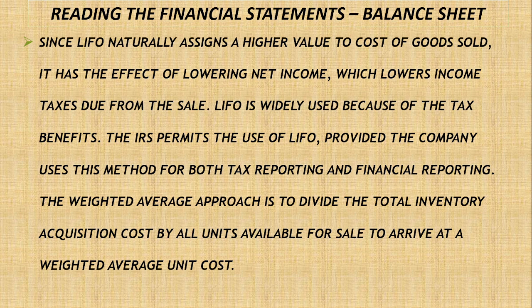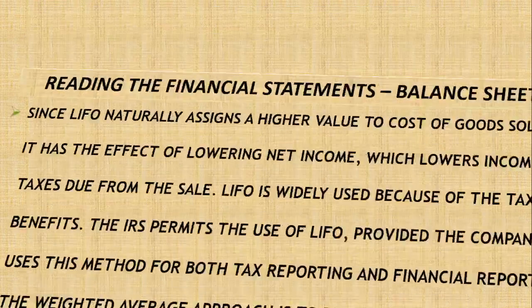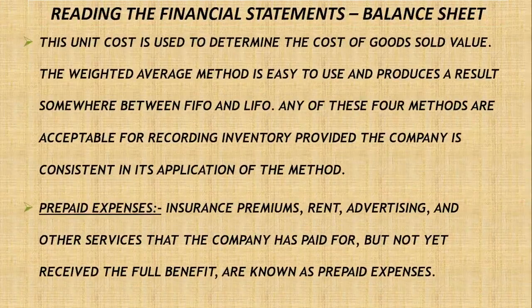The weighted average approach is to divide the total inventory acquisition cost by all units available for sale to arrive at a weighted average unit cost. The unit cost is used to determine the cost of goods sold or COGS value.